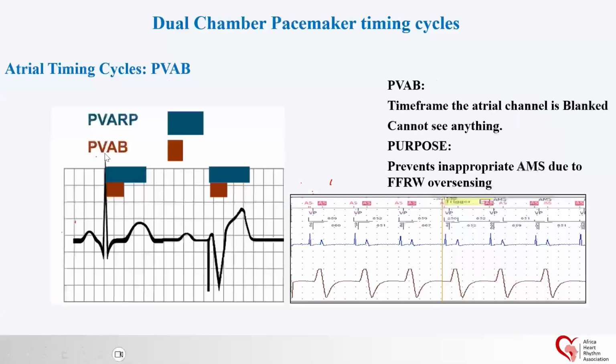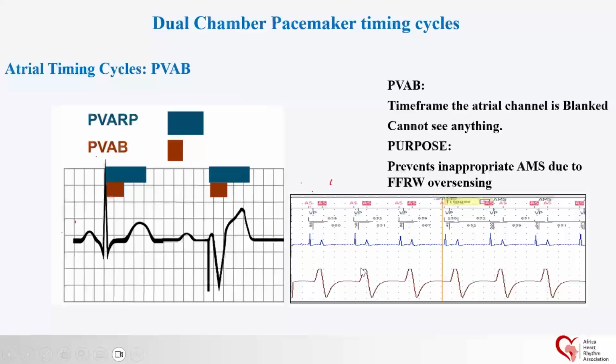Here in the blanking, the atrial channel will not sense anything. Okay, why we need that? Because we need to avoid the problem of crosstalk or far field of the RV. So we need this period to avoid this problem.